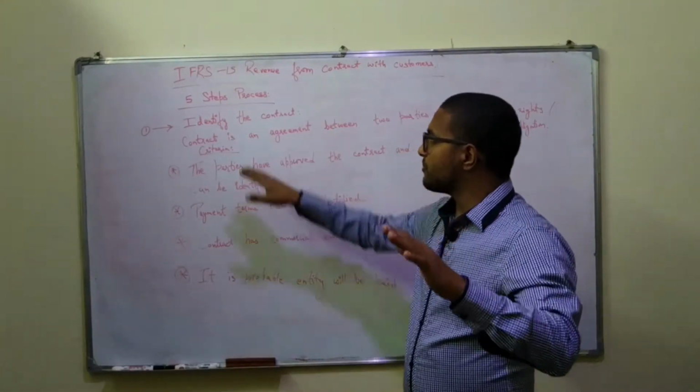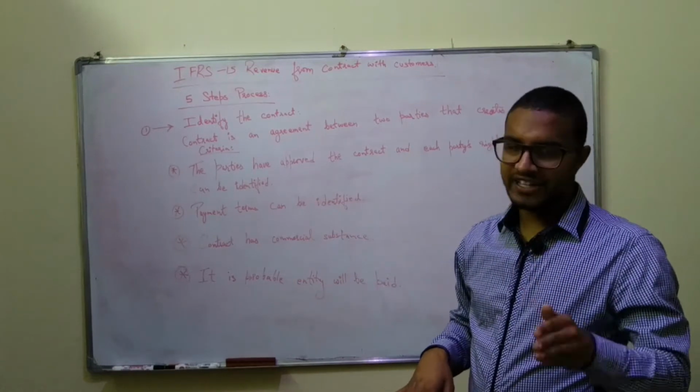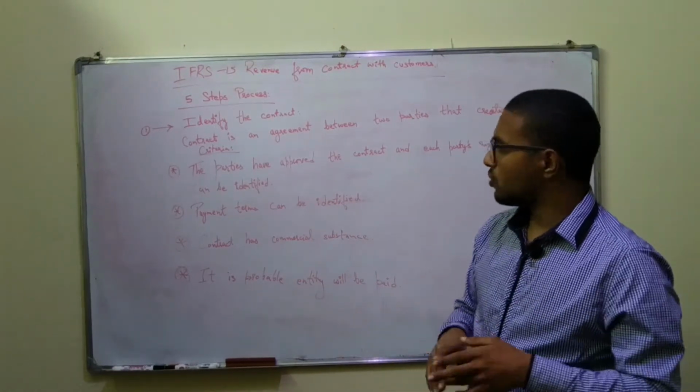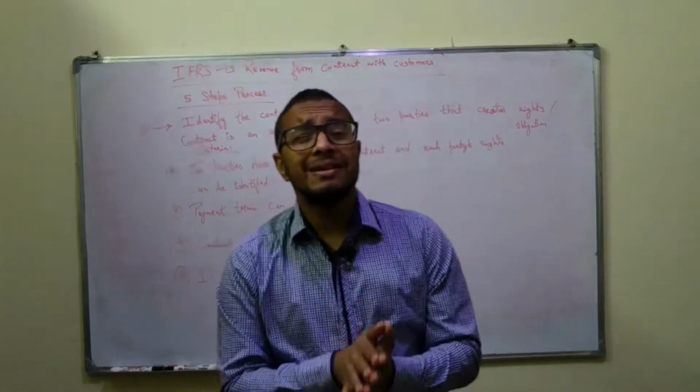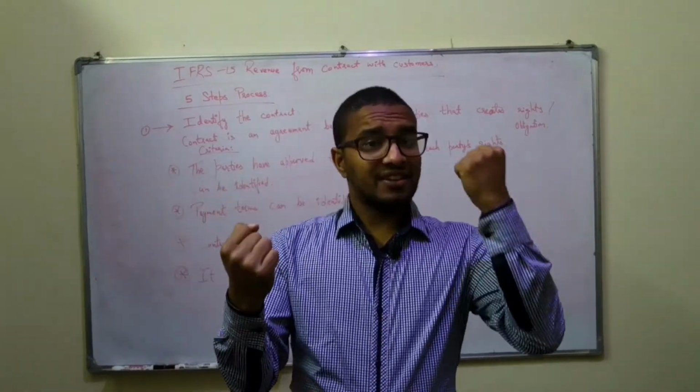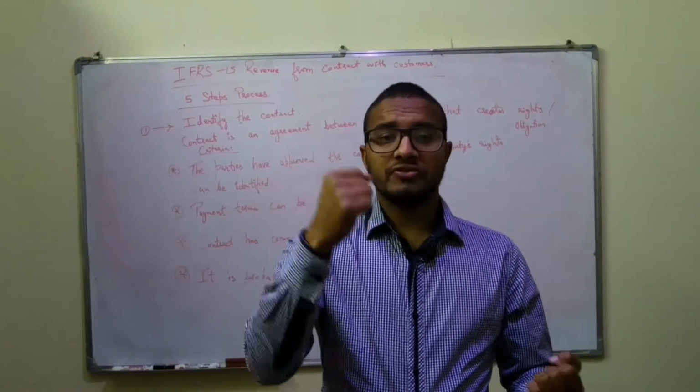So in the 5-step process, the first step is identifying the contract. So what is a contract? It's an agreement between 2 parties, and it creates rights and obligations. It's a right for one party and an obligation for the other.